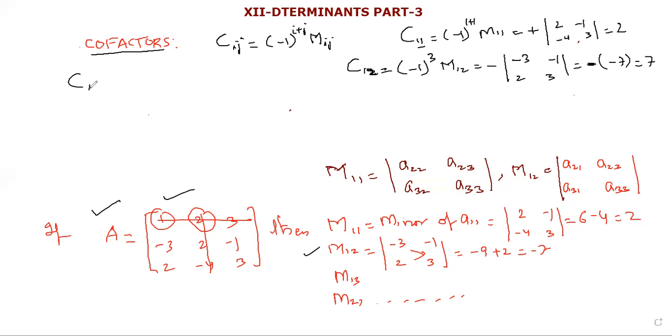So the definition is: Cij equals minus 1 to the power i plus j times Mij. The cofactor and minor of an element are the same if i plus j is even, because minus 1 raised to an even power is positive, and it will be minus Mij if i plus j is an odd number. So like this we can find the minor and cofactor of any matrix. That will play a great role.